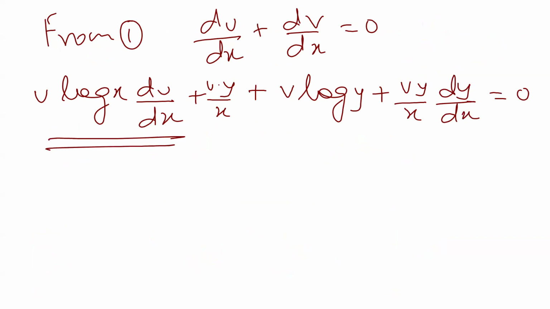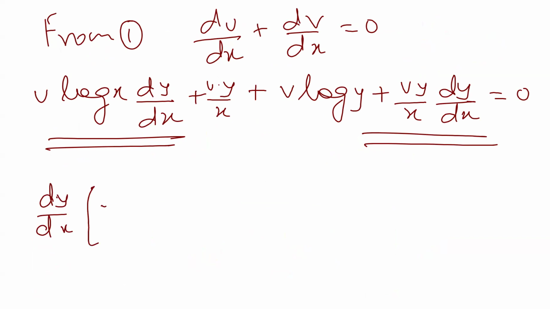Now group the dy by dx terms together. So dy by dx into u log x plus vy upon x is equal to the non dy by dx terms.